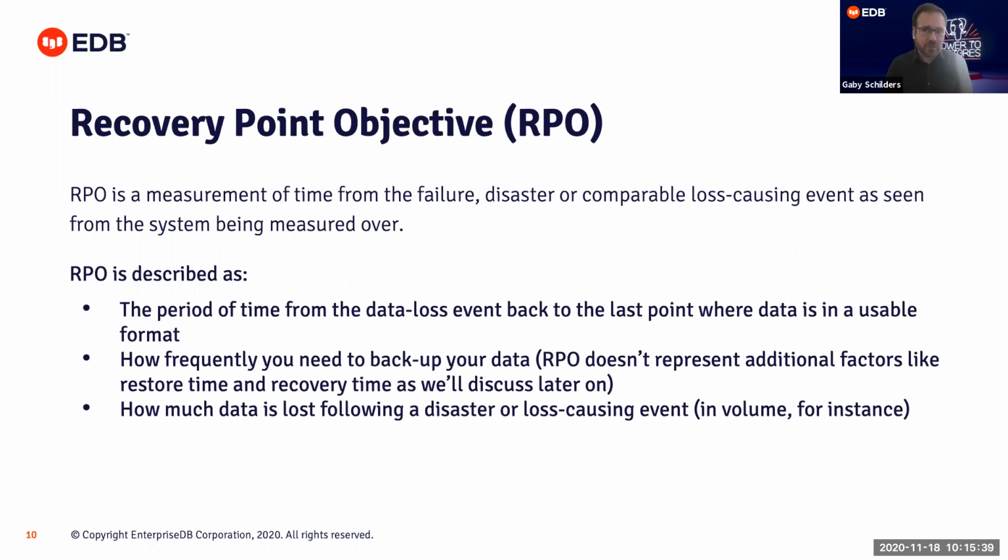So what we're looking at here is, if something breaks, how much data do you actually lose in the process? And more importantly, can you reconstruct it from somewhere else?